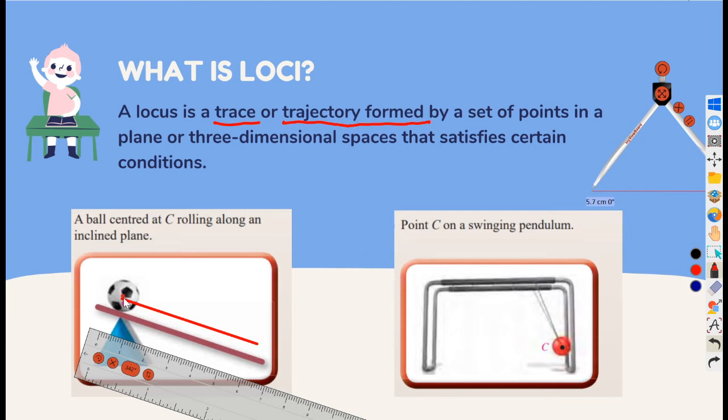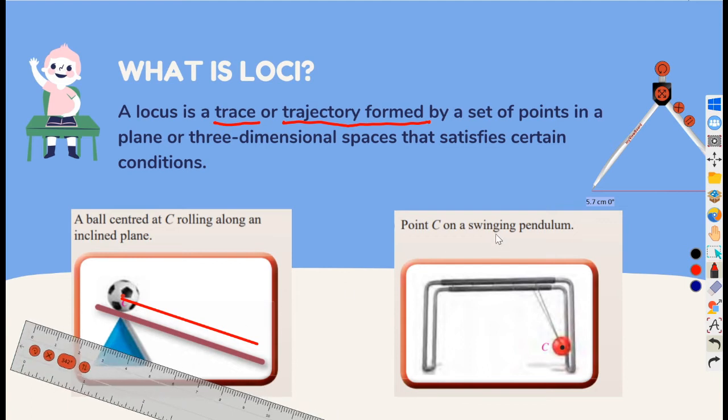This one is actually the ball, and the trajectory is the ball rolling along an inclined plane. So this is a straight line. The locus here is a straight line which is parallel to the inclined plane. So this is the first one.